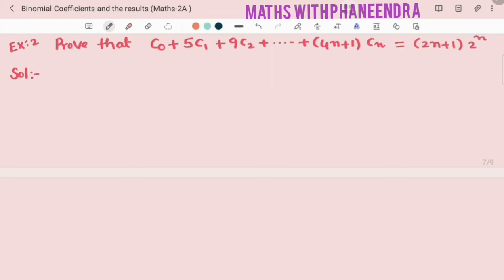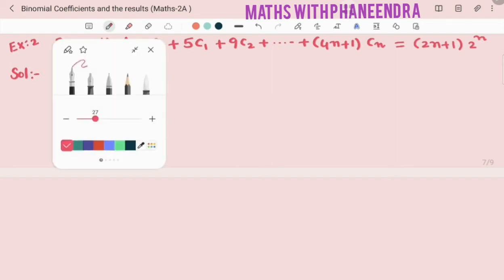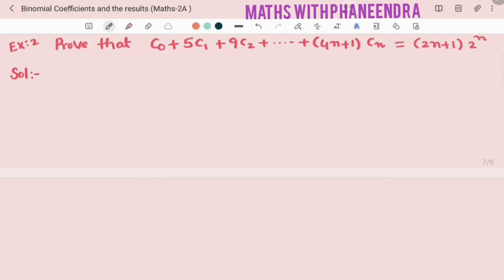So first what we have to write? In this LHS we have to write it. C0 plus 5C1 plus 9C2 plus and so on (4n plus 1) into Cn.